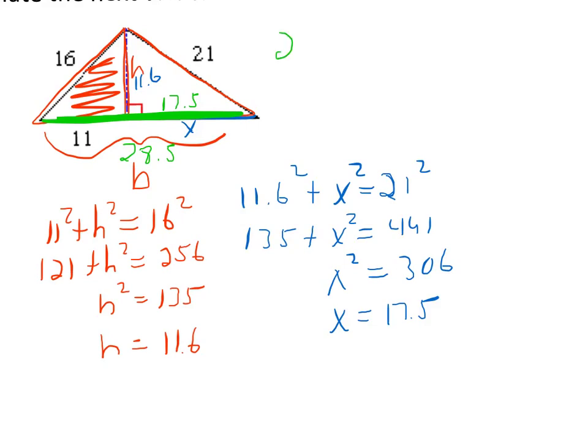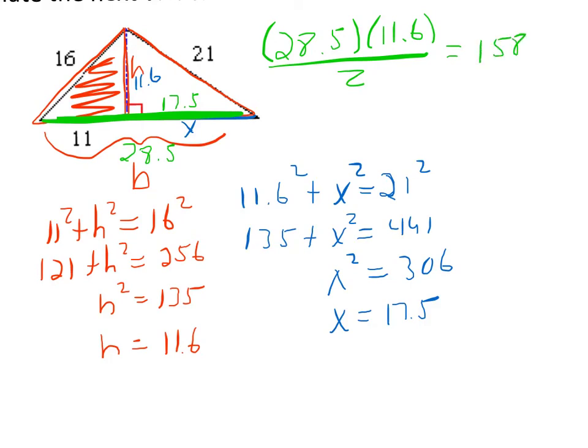So I'll take 28.5 times 11.6 and divide by 2. And that will give me approximately 158.2 units squared. And that ends video 3 of lesson 10.4.